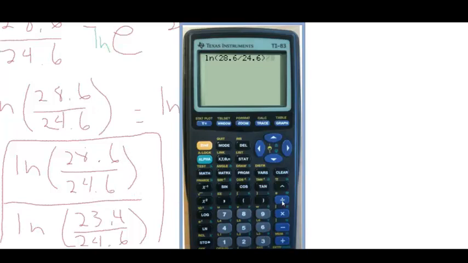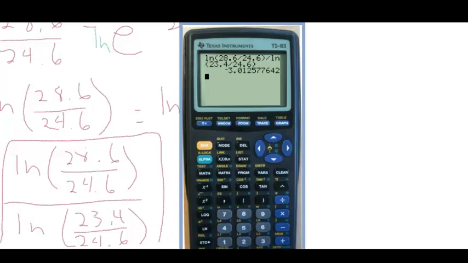And then the divided by, and then we do the same thing, ln of 23.4 divided by 24.6, and again close that parentheses. And then let's see what we got.